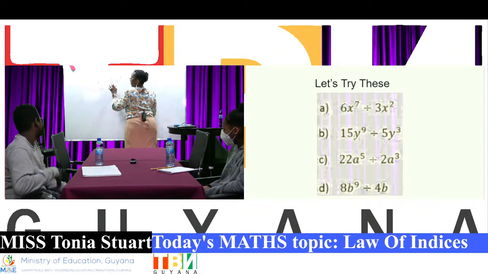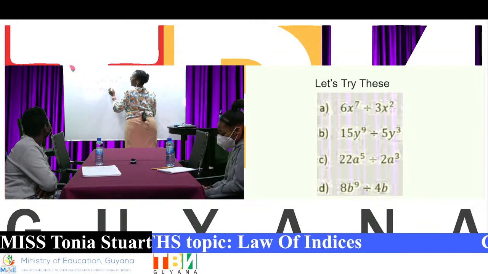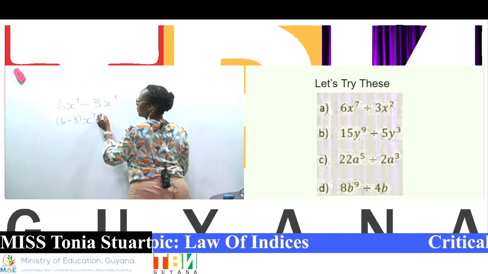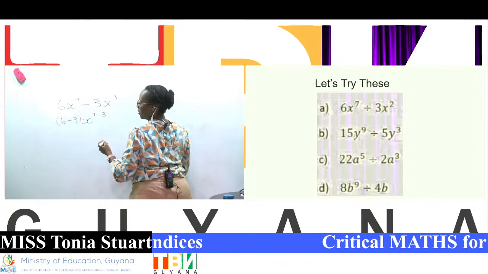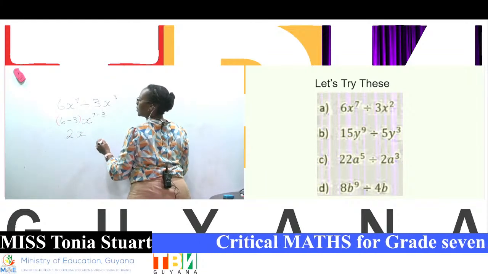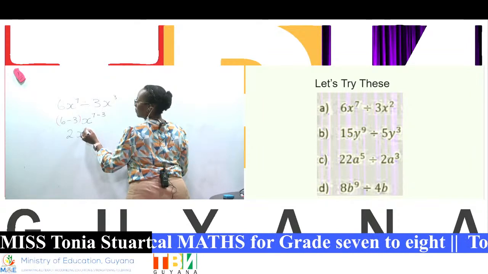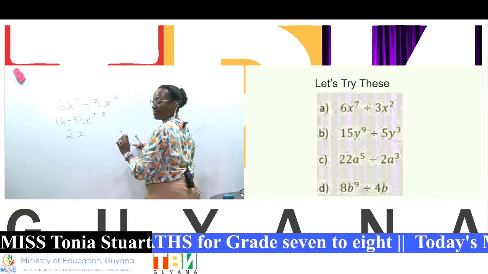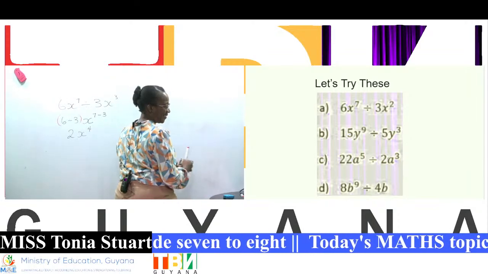The variables are the same, so x and 7 subtracted by 3. Great. So 6 divided by 3 would give you 2. And 7 minus 3? 4. Agree, Alia? Yes, miss.